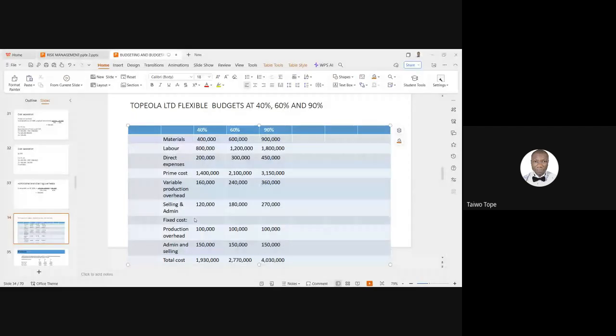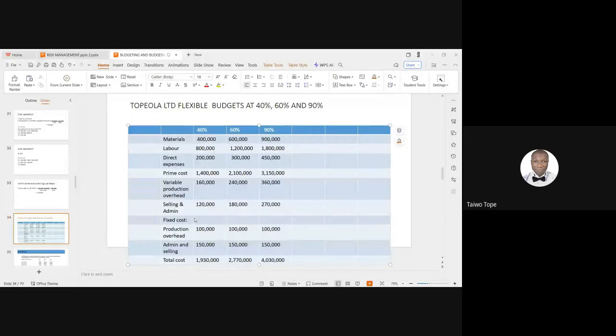To further buttress what I'm saying, the variable production overhead plus the fixed production overhead will give you the total overhead at that activity level of 40%, which is 160 plus 100 to be 260.